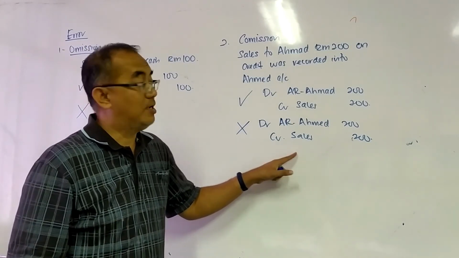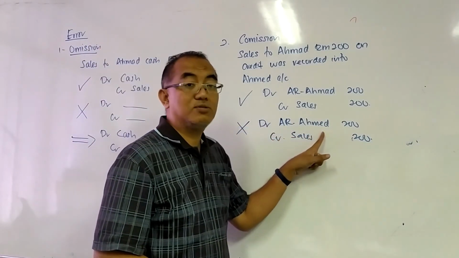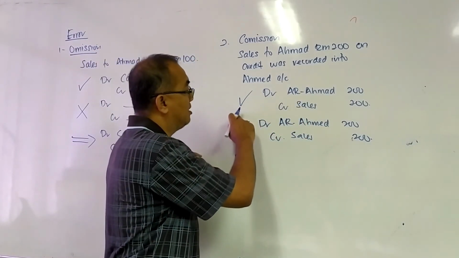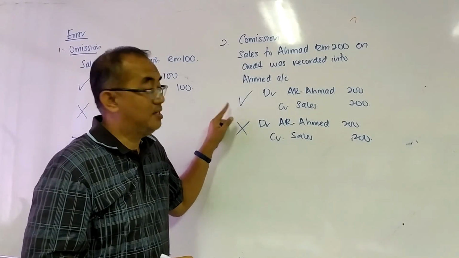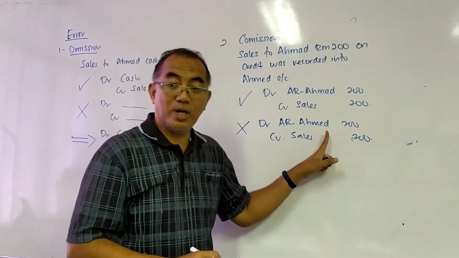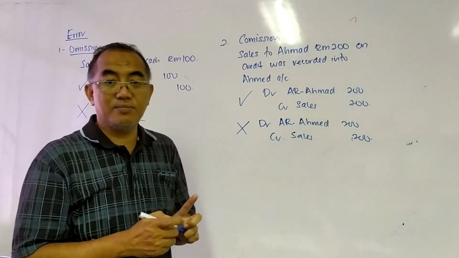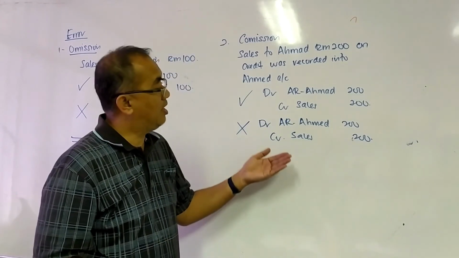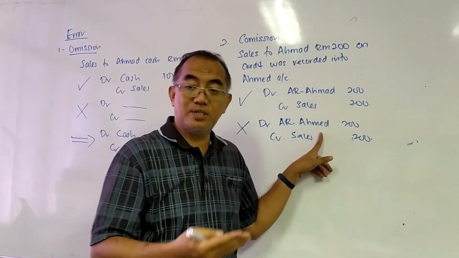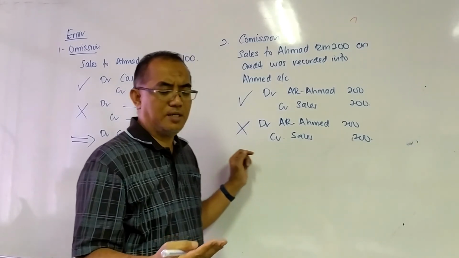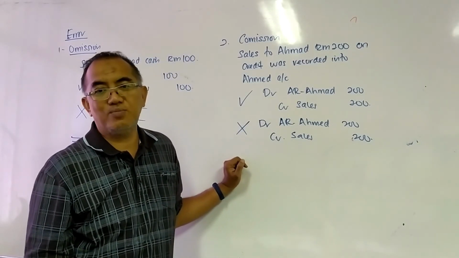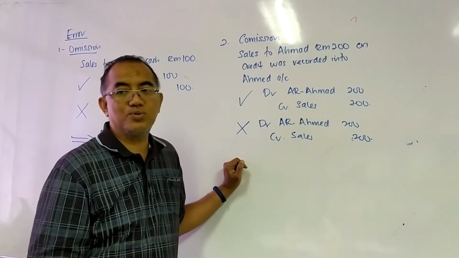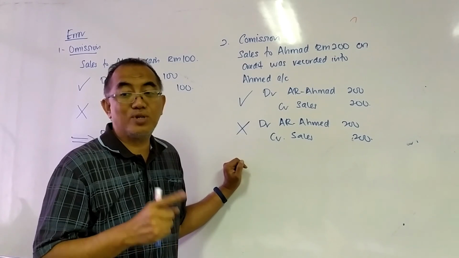Sales is correct, but accidentally you have put it into Ahmed's account. It should be Ahmad. That's why I put the right one, and the wrong one is what you have done, Ahmed. You realize that it should be Ahmad. When you check back, when Ahmed gets the statement, Ahmed will say, when did I buy from you? I didn't buy anything. Suddenly you give me a statement. Then you see, oh sorry, not Ahmed, not you, Ahmad.